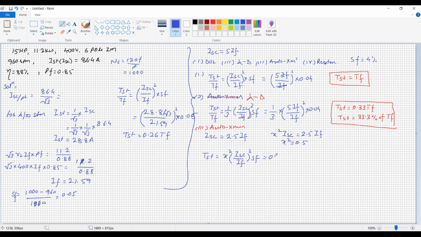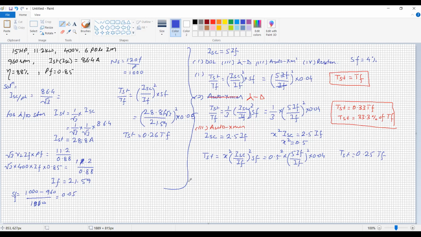So here 0.5 square into 5 IF divided by full load current, bracket square, into 0.04, and hence starting torque is equal to 0.25 of full load torque.